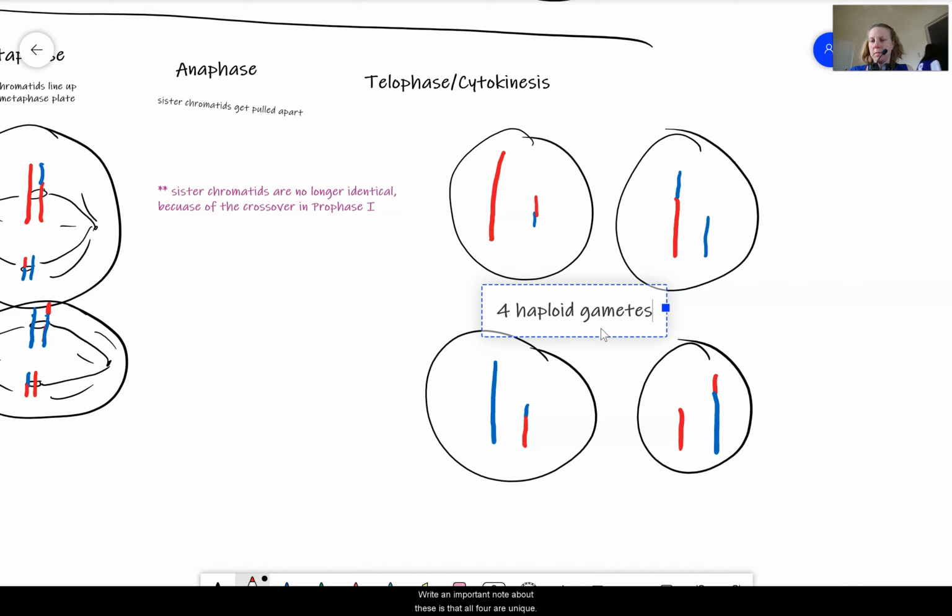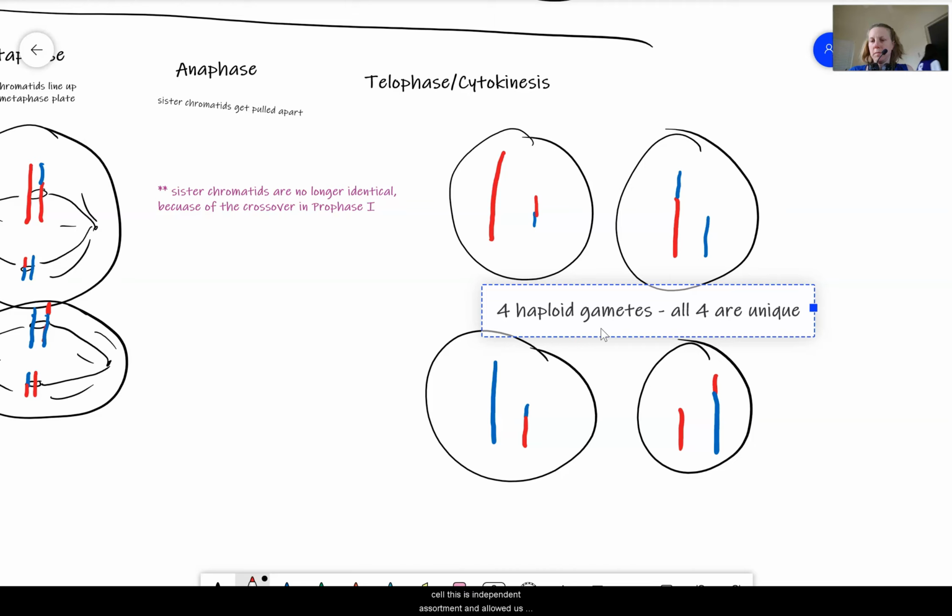All right, an important note about these is that all 4 are unique. They're all unique because we've done a whole bunch of things to generate genetic diversity. First, during prophase, we had a crossover event that allowed us to shuffle the DNA between the different chromosomes. Then in metaphase 1 of meiosis, the chromosomes lined up randomly at the middle of the cell.